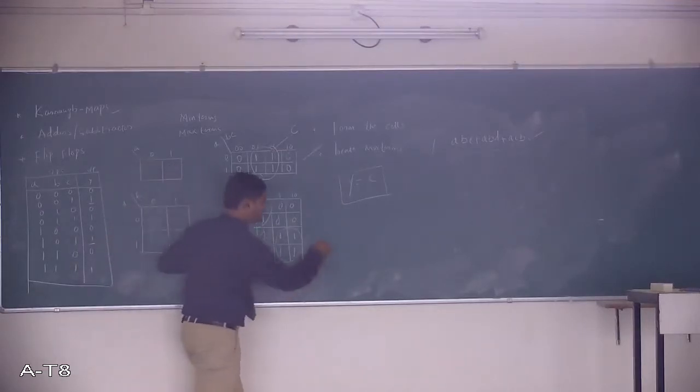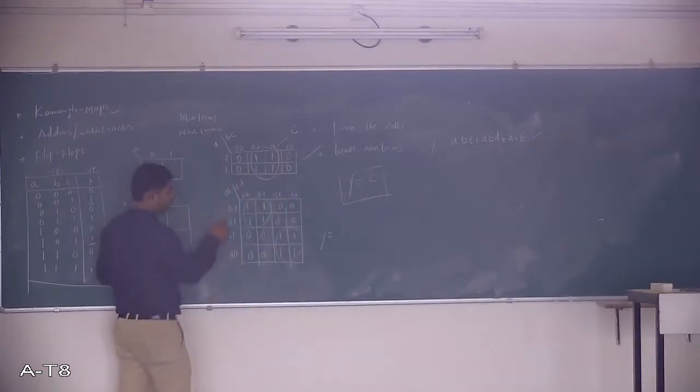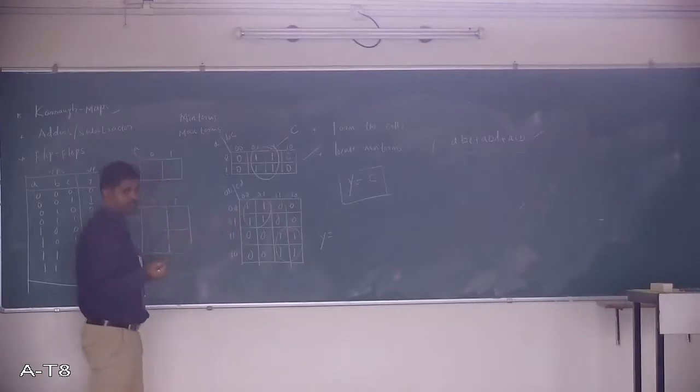So output expression y is, again, first you consider horizontally. This and this row you should consider because in the grouping those two are covered. 0 and 0 they are same, whereas 0 and 1 they differ. It means B into B bar, it is basically 0. So expression is just A bar.